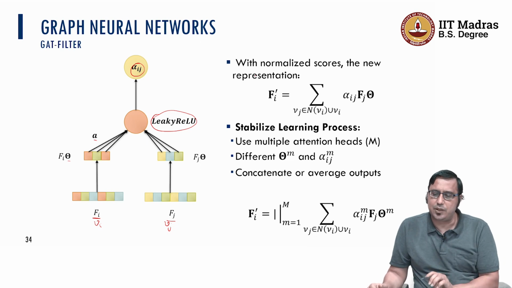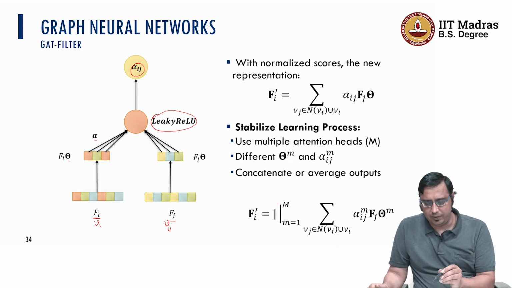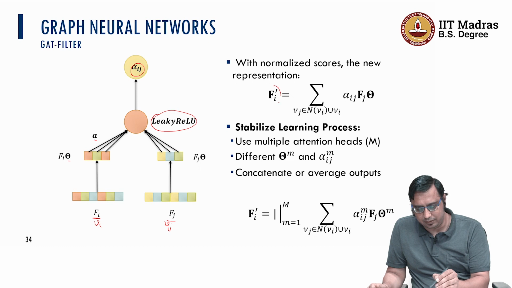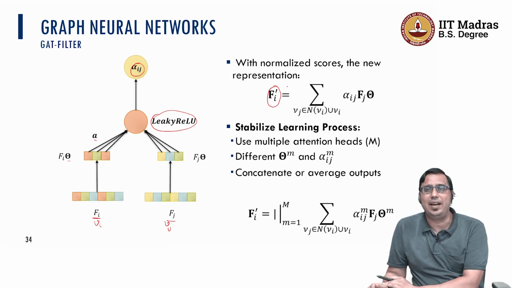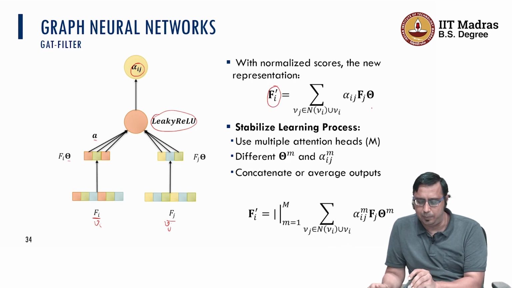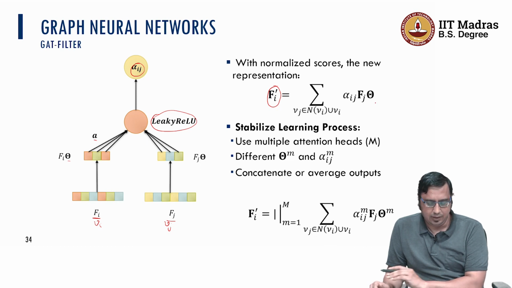And once we have the normalized score, the new representation for the ith node, fi dash, can be represented as the sum of alpha ij fj theta.